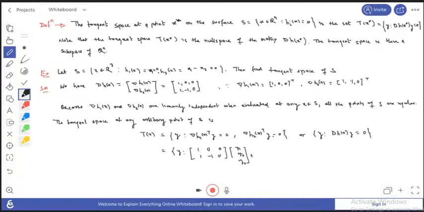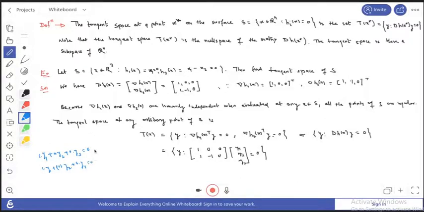Okay, this product equals 0, and you are trying to find the value of this vector y. Okay, so here if we multiply, the first equation gives 1 into y1 plus 0 y2 plus 0 y3, that equals 0. And in the second equation, 1 into y1 plus minus 1 into y2 plus 0 into y3, that equals 0.